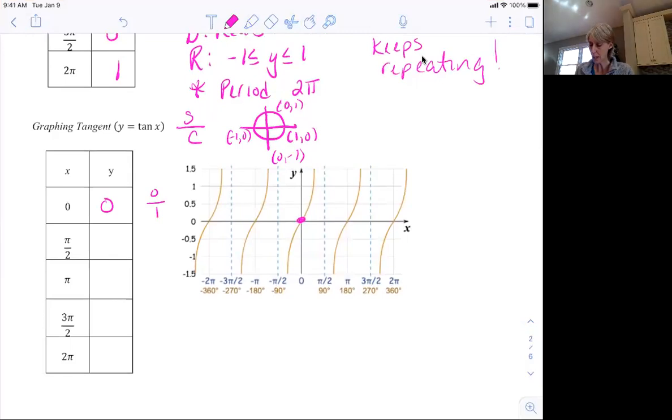The tangent of pi over 2 is 1 over 0, sine over cosine, which is not defined. That's why we see this asymptote when we're graphing this function. The tangent of pi is 0 over -1, back to 0.